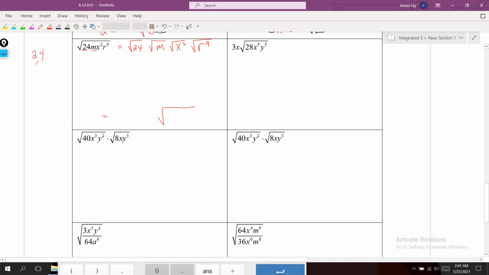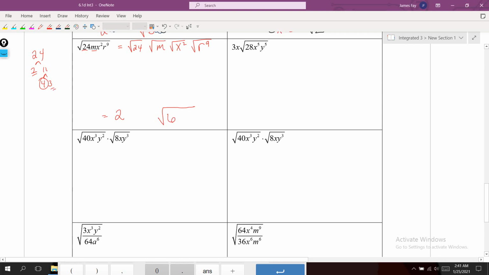Let's look at this 24. 2 and 12. 12 goes down to 4 and 3. Perfect square. So that comes out as 2. 2 and 3 don't have any partners. So they multiply together and get 6 and then go underneath.